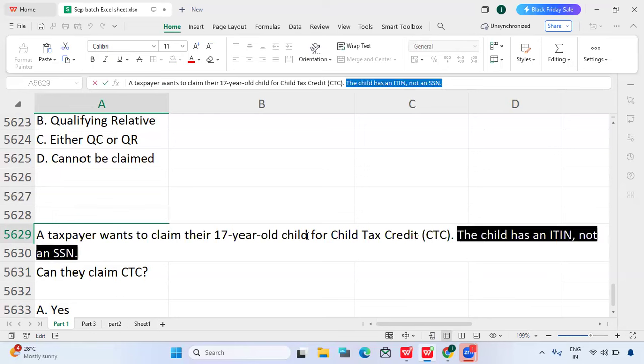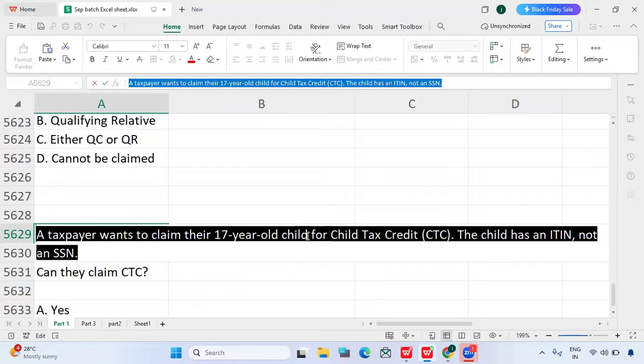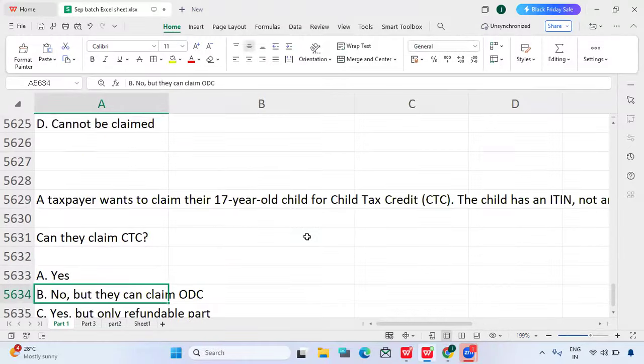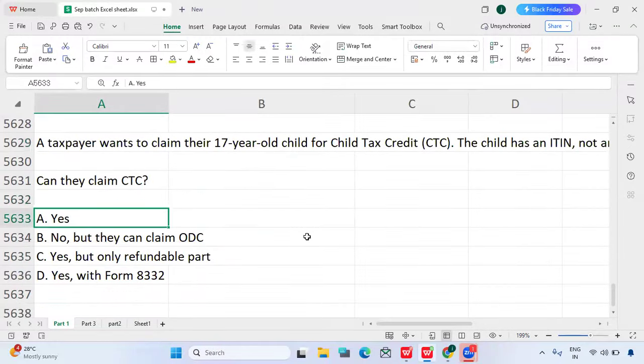We have three types of TIN: SSN, ITIN, and ATIN, the adoption taxpayer identification number. To claim the child tax credit, the person should have an SSN, not an ITIN. Here the child has an ITIN, so can we claim CTC? No, option B. But they can claim the other dependent credit, which is ODC.